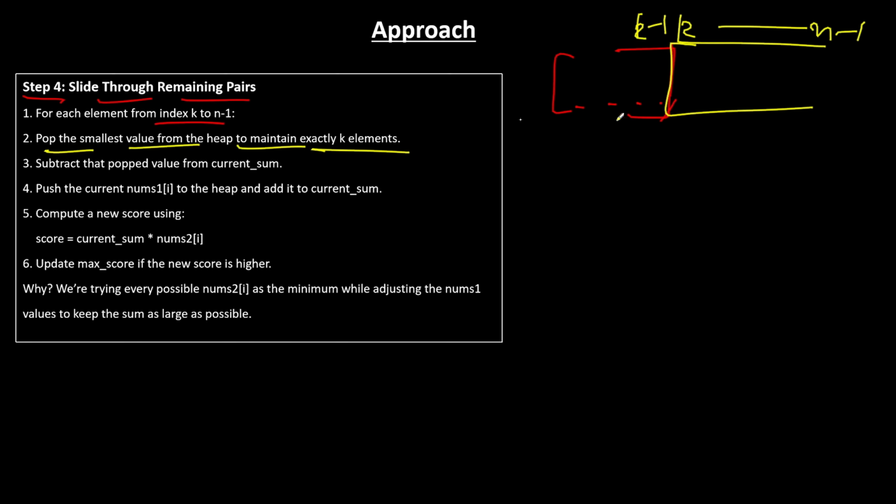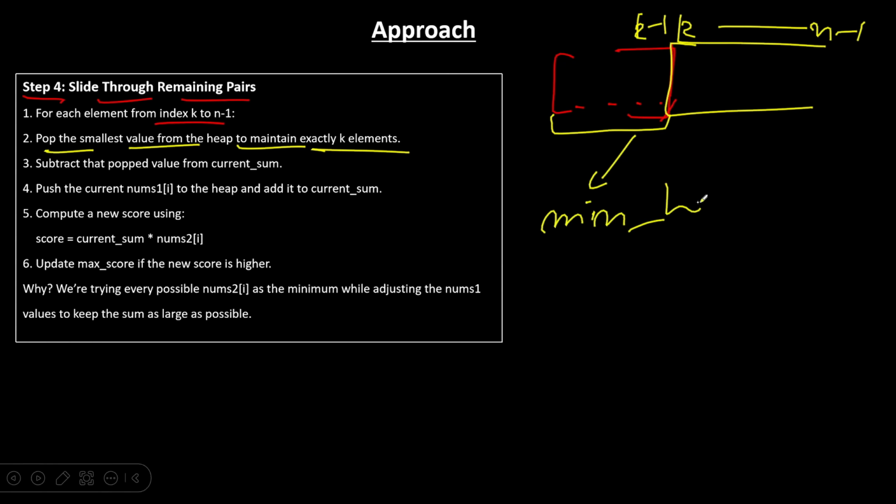Now in nums1 we have taken values till k minus 1, and we have those values in our min heap. Since we came to this part, the count has increased to k plus 1, you could say. Since it has increased, we have to remove one of the values from the min heap, and it makes sense to remove the smallest value.